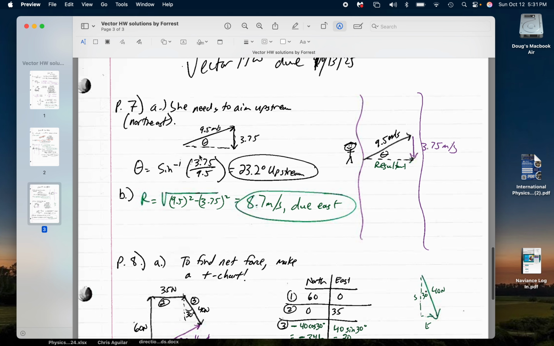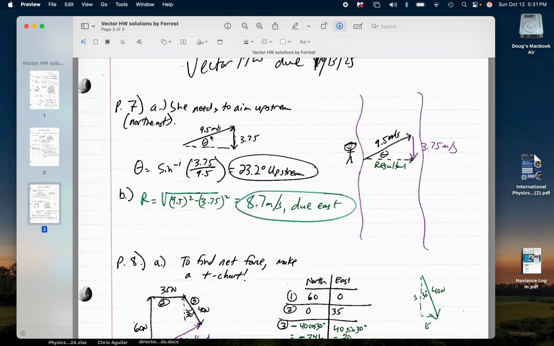Problem 7, now you have someone and they want to cross and get across the river from where they start. So essentially they have to angle upstream. And I would draw that here where the person's aiming upstream at 9.5 meters per second, which is their swimming speed. Current's going down at 3.75 meters per second. So therefore, I can figure out that angle by using inverse sine.